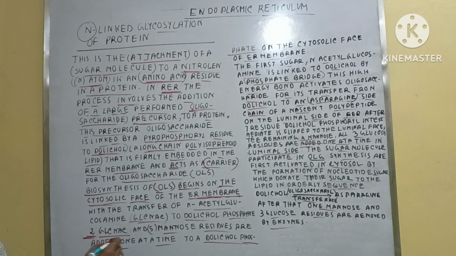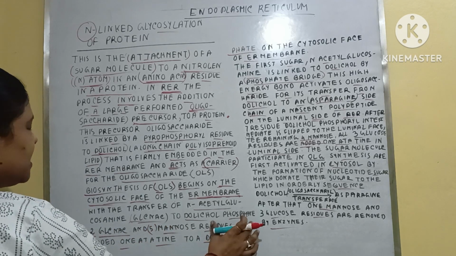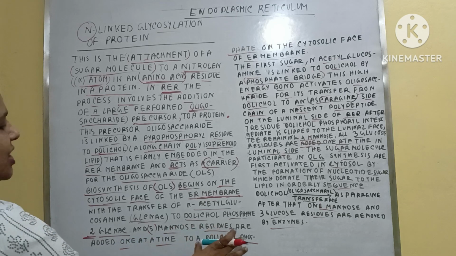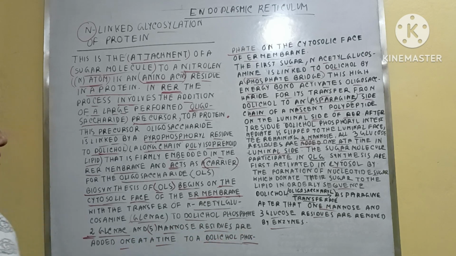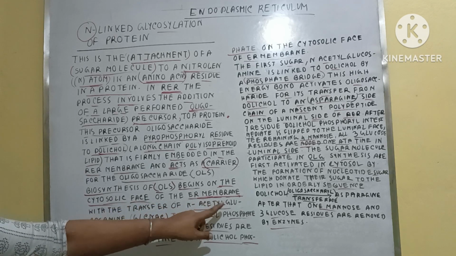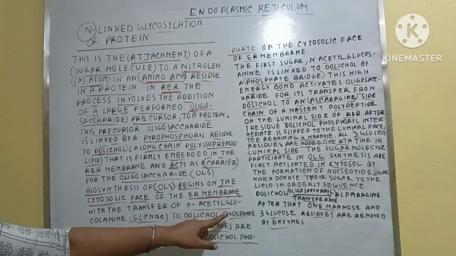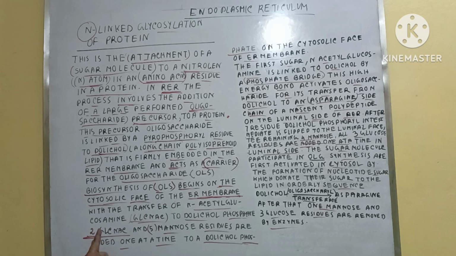Next, two glucosamine and five mannose residues are generally added to the dolichol phosphate. So first the transfer of N-acetyl glucosamine to dolichol phosphate, and then generally two glucosamine and five mannose are attached to the dolichol phosphate.